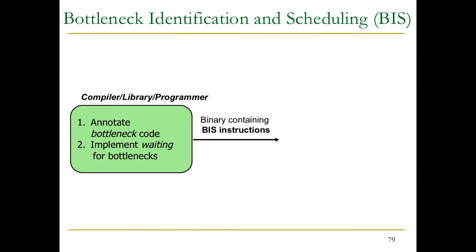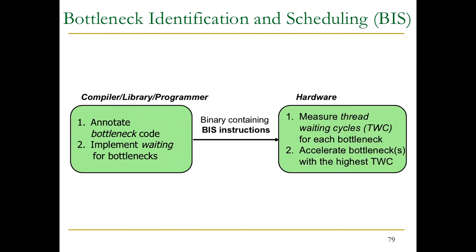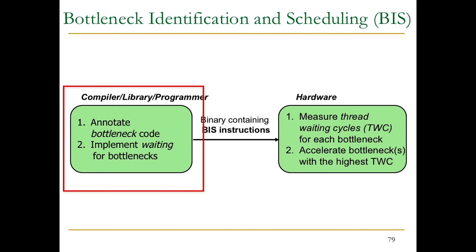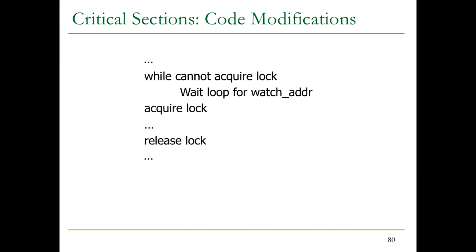And then somebody inserts these special BIS instructions, which enable the hardware to measure the thread waiting cycles. How much contention does each bottleneck cause? And hardware automatically finds those things that cause a lot of contention and accelerates the bottlenecks that cause the most contention. Let's take a look at these two different components.